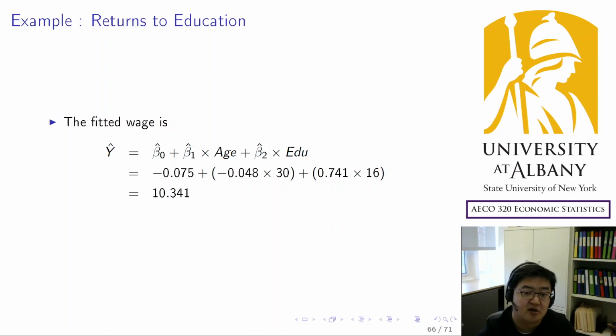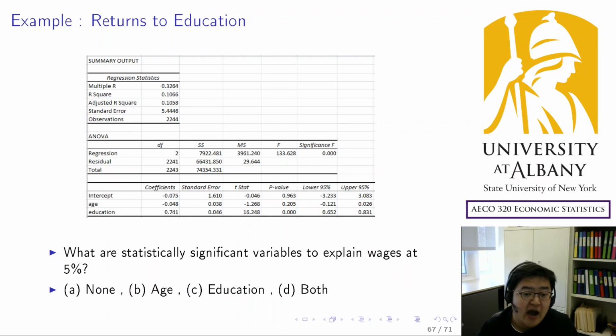Pretty much standard, right? Now, how about statistical significance? We have t-stat and p-values, so you read the table and see which are the statistically significant variables. I will consider only education and age, excluding the intercept, and between those two variables, which is statistically significant at 5%? You just need to look at the p-value.